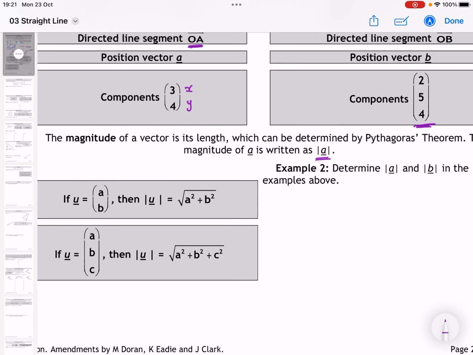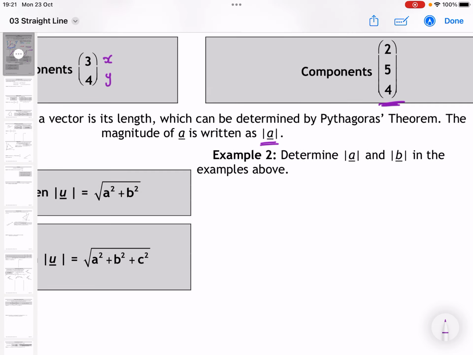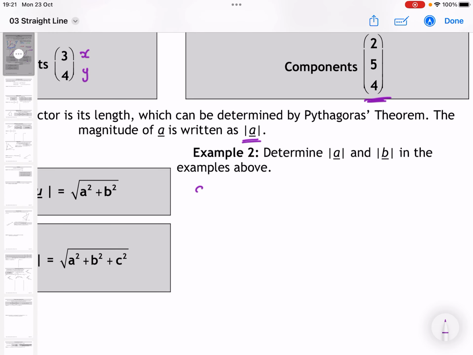So we know that vector A bar has the components 3, 4. Okay? So that means the magnitude of vector A is going to be 3 squared plus 4 squared. Which, if you remember your Pythagorean triples, the answer is 5.